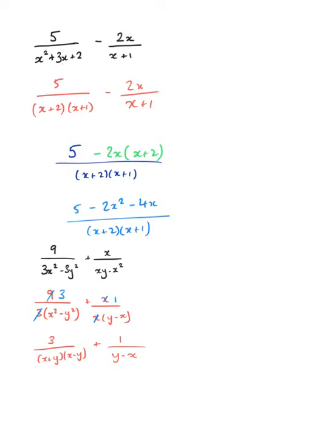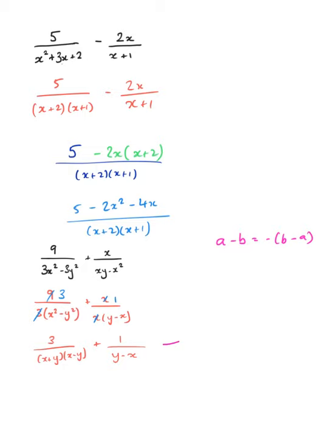Now we need to do a little trick here, and it's a good trick to remember. What I'm after is writing this as simply as possible. If I could, it's perfectly valid to have 3 brackets on the bottom, but we don't need to this time. We're going to use the fact that a minus b is the same as minus (b minus a).